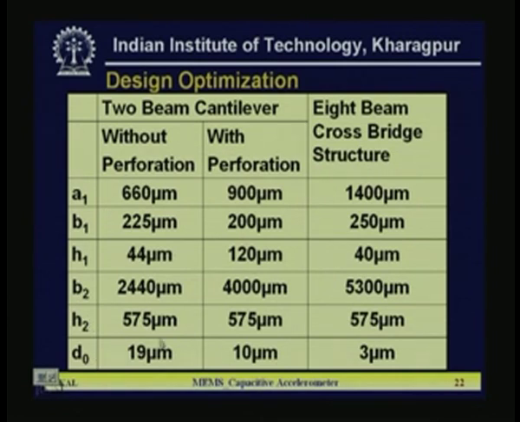With this kind of optimized dimension values, we can achieve the targeted simulated value. Since we will not go for the complicated 8 beam cross bridge structure, we can concentrate on the two beam cantilever without perforation, and we can make the design using these physical dimensions.